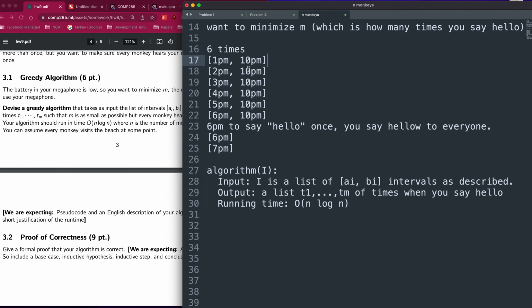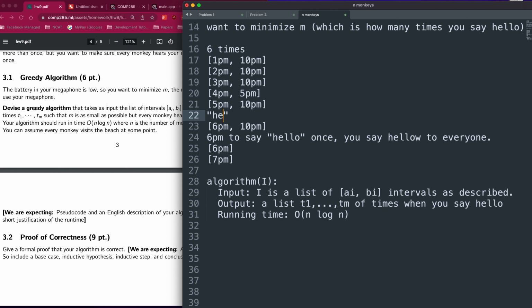So for example, if you had this 1 p.m., and let's say this guy's going to leave at 5 p.m., you would wait until the 5 p.m. monkey gets here, and then because this guy's about to leave, you would be like, oh, hello, right? And then all of these monkeys you would have said hello to, so you forget about them, you don't care about them anymore, and now you just wait.